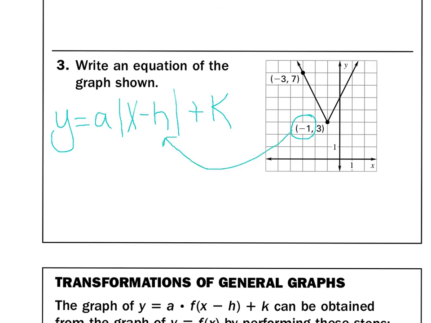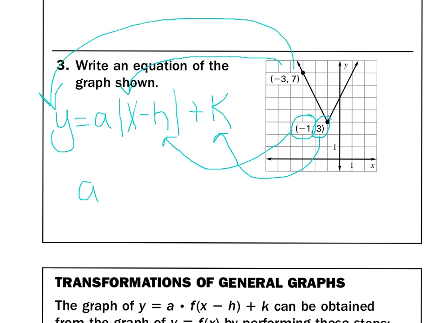Remember to put in parentheses, because you'll actually clean up those signs and say that's x plus 1. And then you're going to put your 3 for your k. Next, substitute negative 3 in for x here, and 7 in for your y, and solve for a. So we need a equals something. Then take that value of a and put it back into your equation with your h and k.